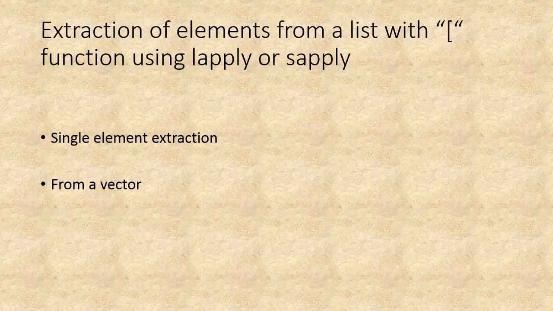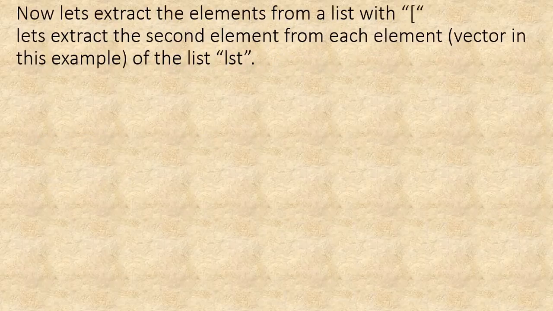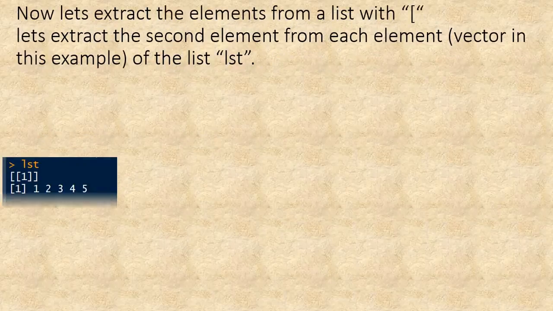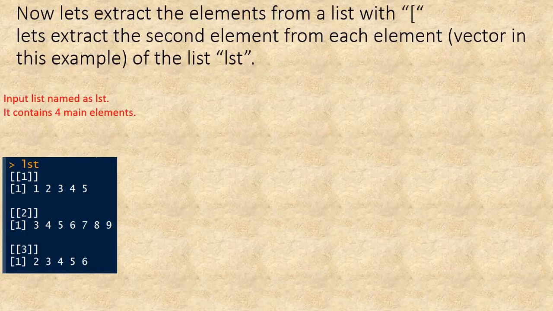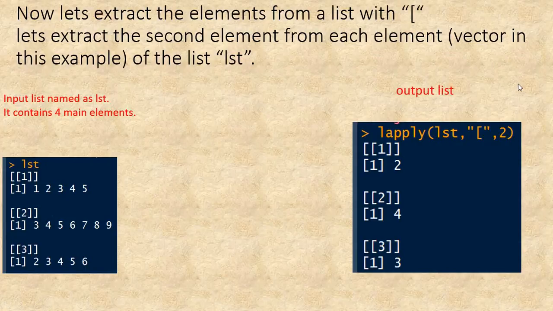First of all, a single element extraction from a vector. For example, this is a list, and you want to extract a single element from each of these vectors of the list. Then you will have to use a function like this, lapply, lst, and the opening bracket. It means instead of using sum, square root or another function, you will have to use this, and this means that I am going to extract an element from these vectors of the list.